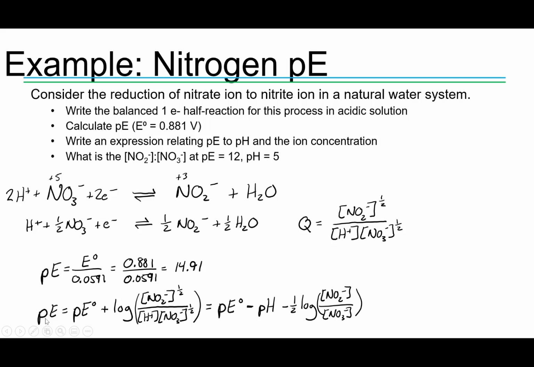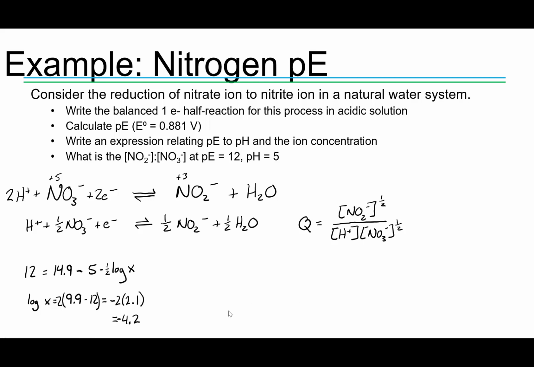We will simply plug our pE value in on the left-hand side and our pH value in here. We already know our pE0 value, so our equation becomes 12 is equal to 14.9 minus 5, that's the pH, minus 1/2 the log of x, where x is going to be our nitrite to nitrate concentration ratio.